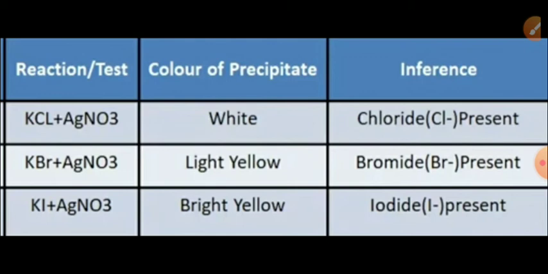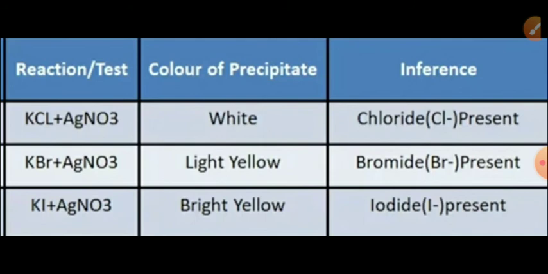That means bromide is present. Then KI, that is potassium iodide, plus AgNO3, that is silver nitrate. A bright yellow color precipitate is formed. Iodide will be present there. So this is all about your table, children.